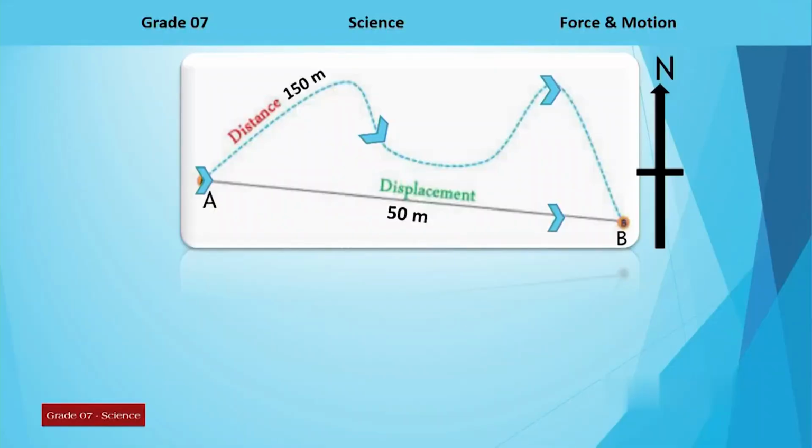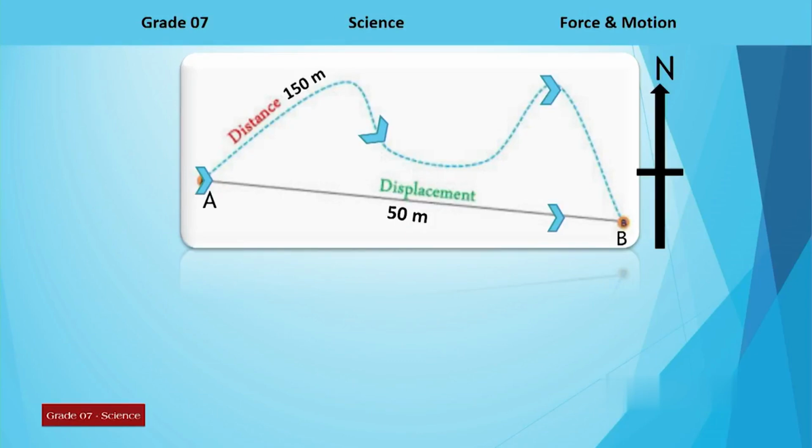Here also I have given you a certain motion. The starting point is A, denoted by capital A, and the end position or the final position is B. The object has started the motion from A and ends the motion at B.